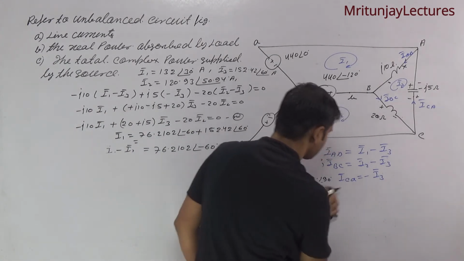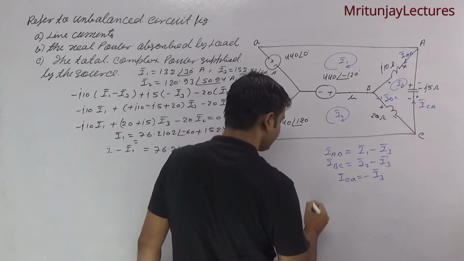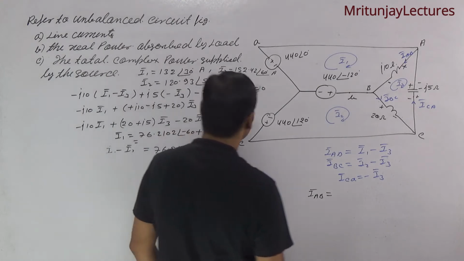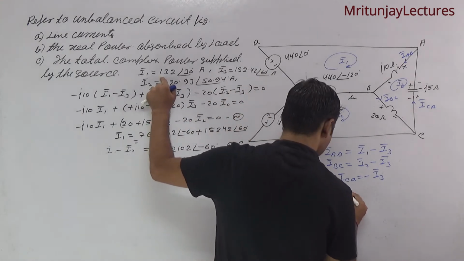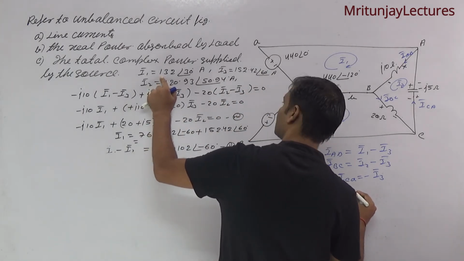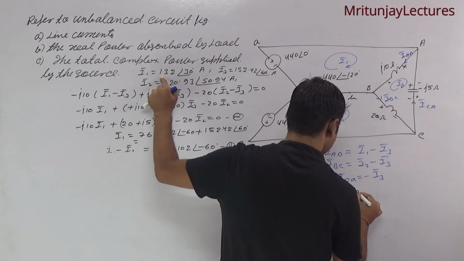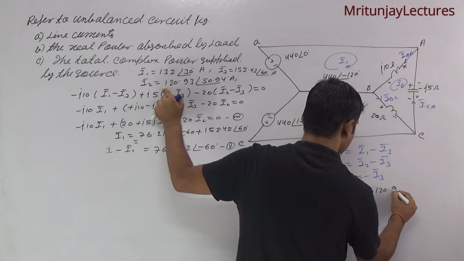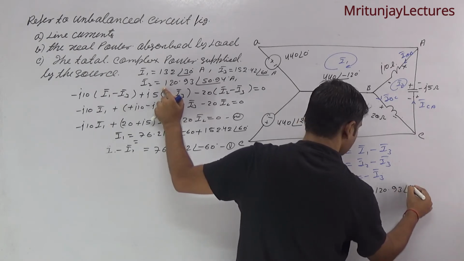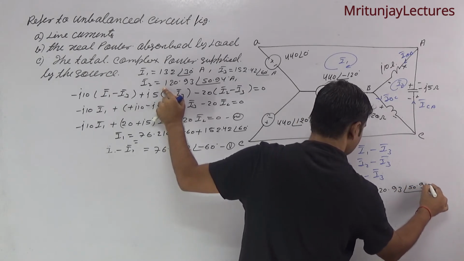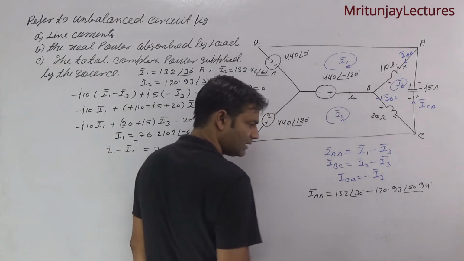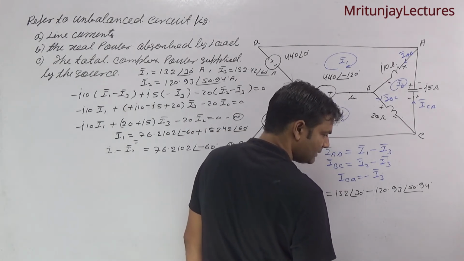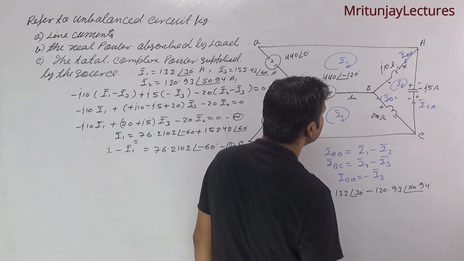If this value is put here, I of AB is I1, that is 132 at the angle 30 degree minus I2, 102.93 at the angle 50.94.